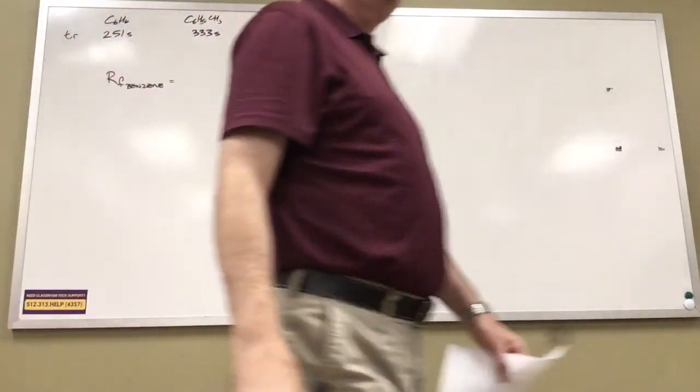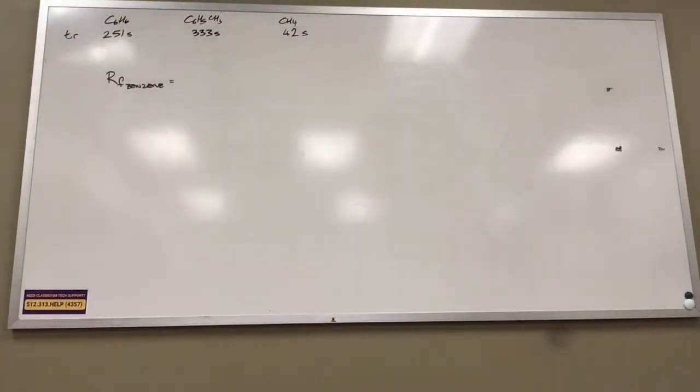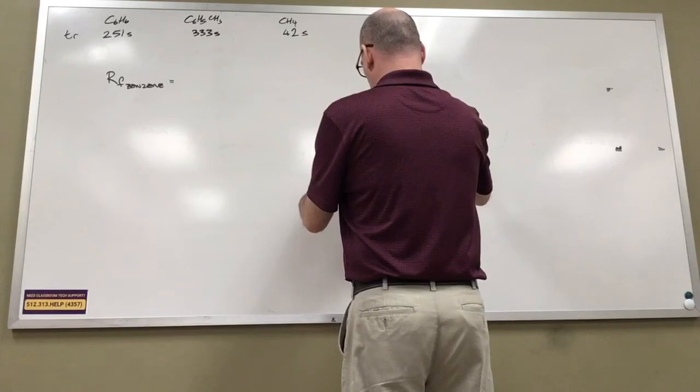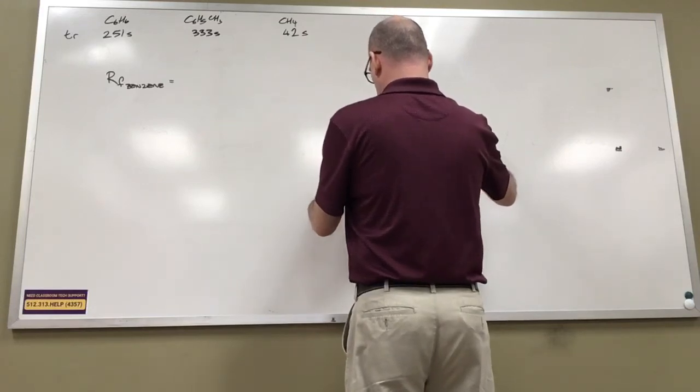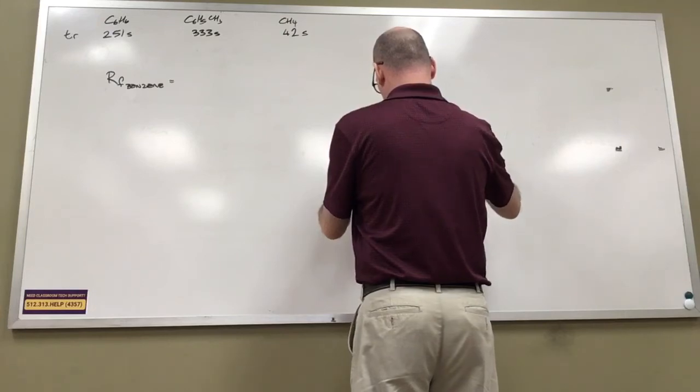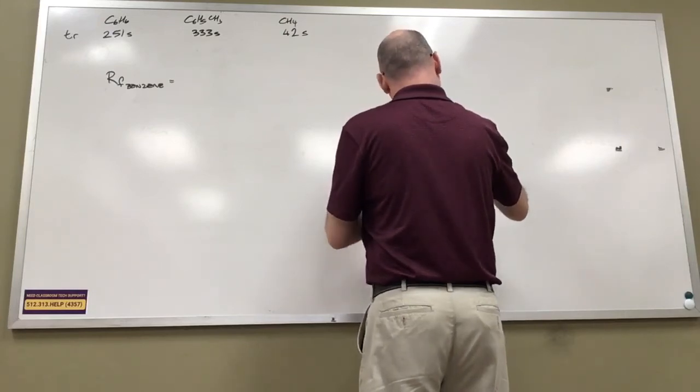We talked about this. It's on the flip side of your sheet. The retention factor, it's called K here. So if you flip your sheet over, it says K equals TR prime divided by TM.